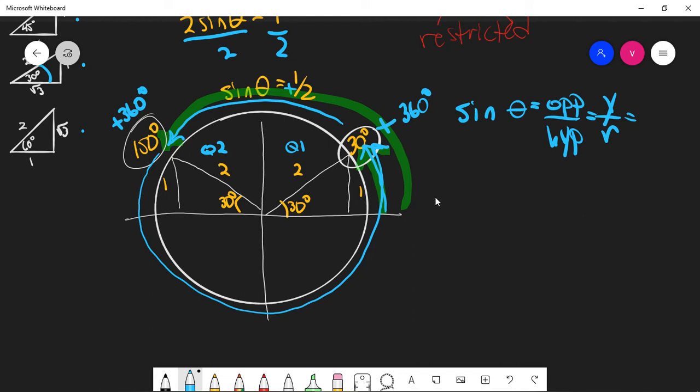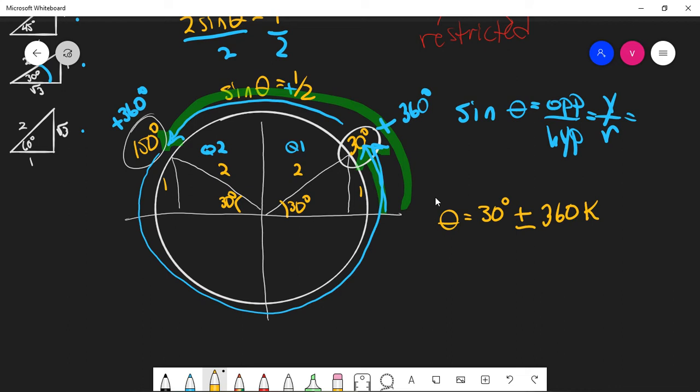So your answer for this is every angle: it's 30 degrees plus every rotation or minus every rotation around. You use K as your counter. K is just a variable which stands for the first rotation, the second rotation, the third rotation, right? 1 times 360, 2 times 360, 3 times 360, 4 times 360, or backwards 1 times 360.